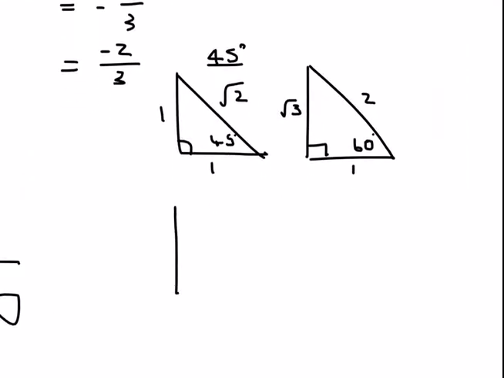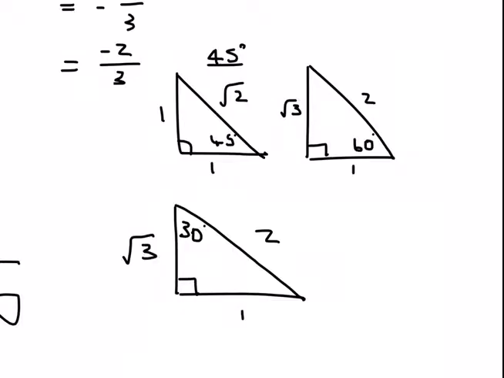The last one is this one of 30 degrees, where the 30 is there, and then the opposite will always be 1, the hypotenuse will always be 2, and the adjacent will always be the square root of 3. Yes, I'll leave it here. This is what I wanted you to be aware of.